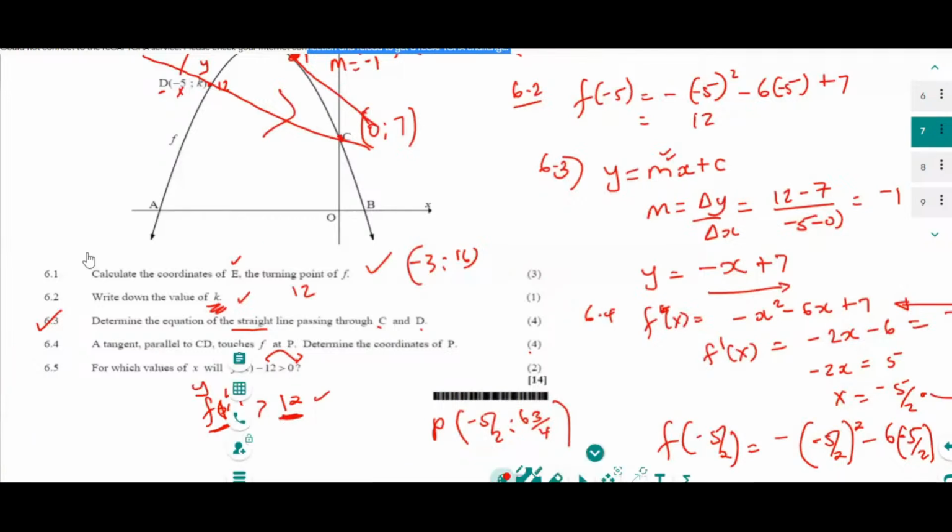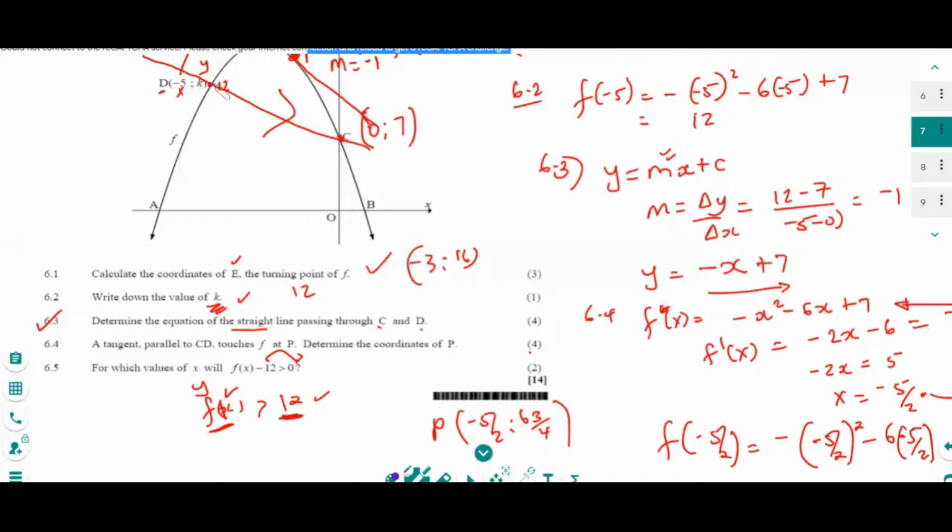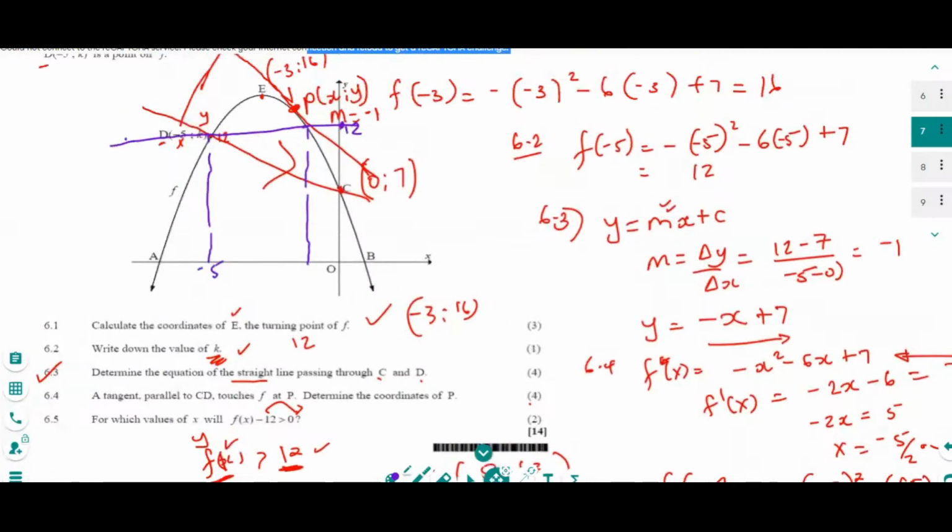So if I'm to draw some sort of a horizontal line somewhere here, and this is my 12 for the y. Between this x coordinate, which I don't know, and this x coordinate, which I know, -5, those are the 2 points where I'll find the graph to be above 12.